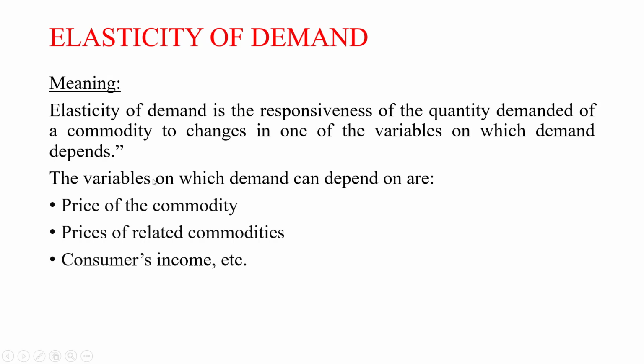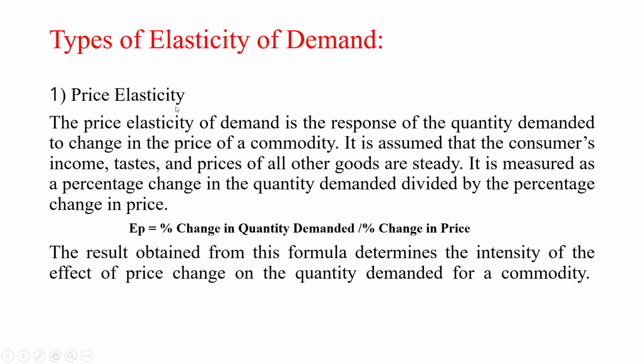If the quantity demanded is changing because of the price, that is called price elasticity. Price elasticity of demand is the response of the quantity demanded to the change in the price of a commodity. If the price of a commodity is changed, then how the quantity demanded changes is based on price elasticity.